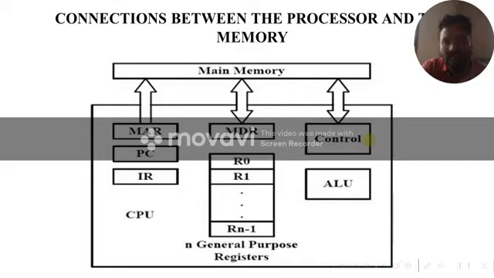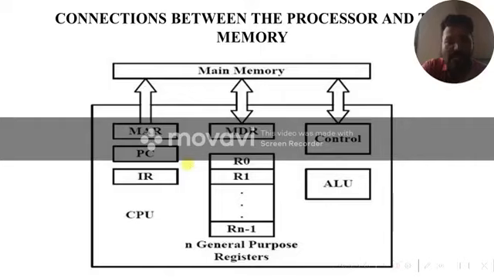First of all, we are seeing the concept called main memory. It is the CPU memory, and it forms the first part of any kind of memory. The next one is MAR, the memory address register. PC is the program counter and IR is the instruction register. These are all present in the CPU, that is the central processing unit.